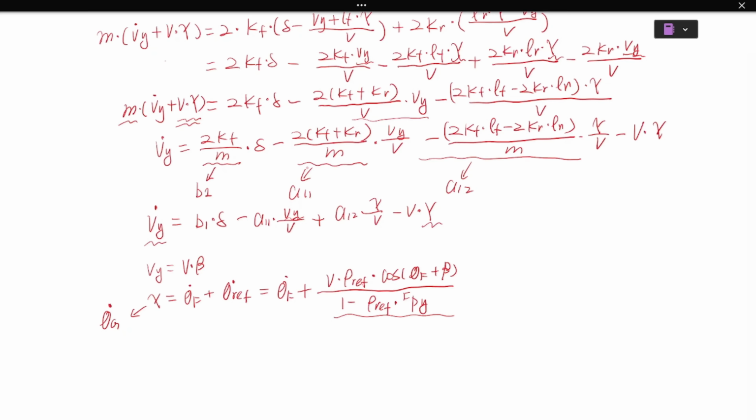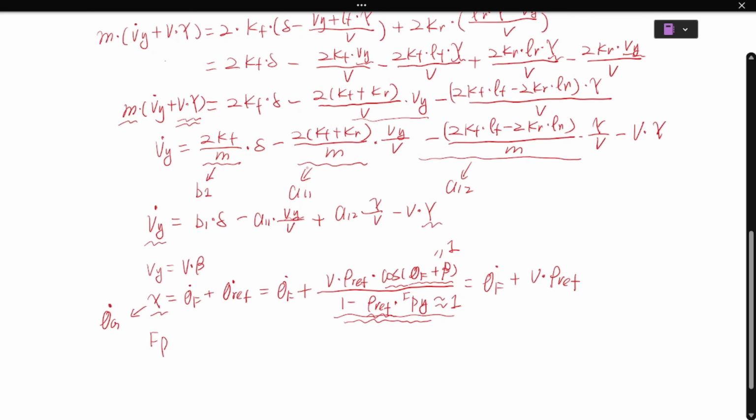Here, 1 minus rho ref times fpy equals 1 because rho ref is quite small. And here, theta f plus beta is also quite small, so the cosine is also 1. So it goes to theta f dot plus v times rho ref. Okay.